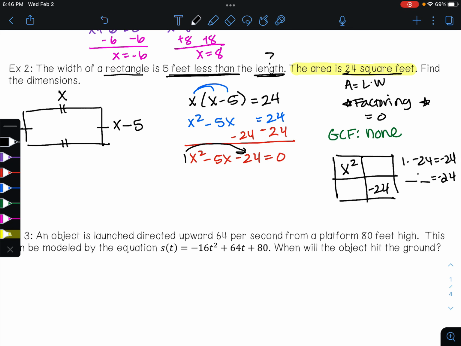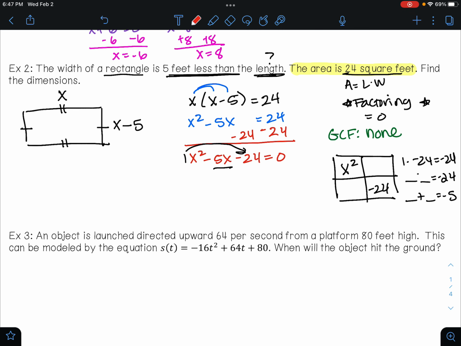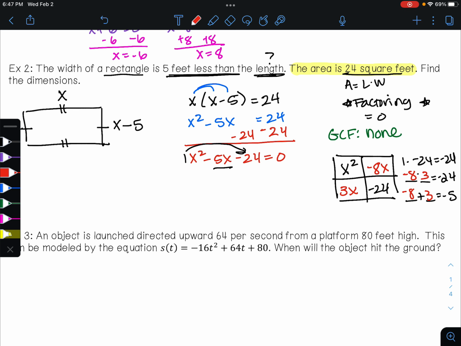So here I'm looking for factors of negative 24 that add to my middle term of negative 5. Well, those numbers are, let's see, negative 8 and positive 3. Negative 8 times 3 is negative 24, and negative 8 plus 3 is negative 5. So these are going to be the numbers that go in the empty spaces of my area model.